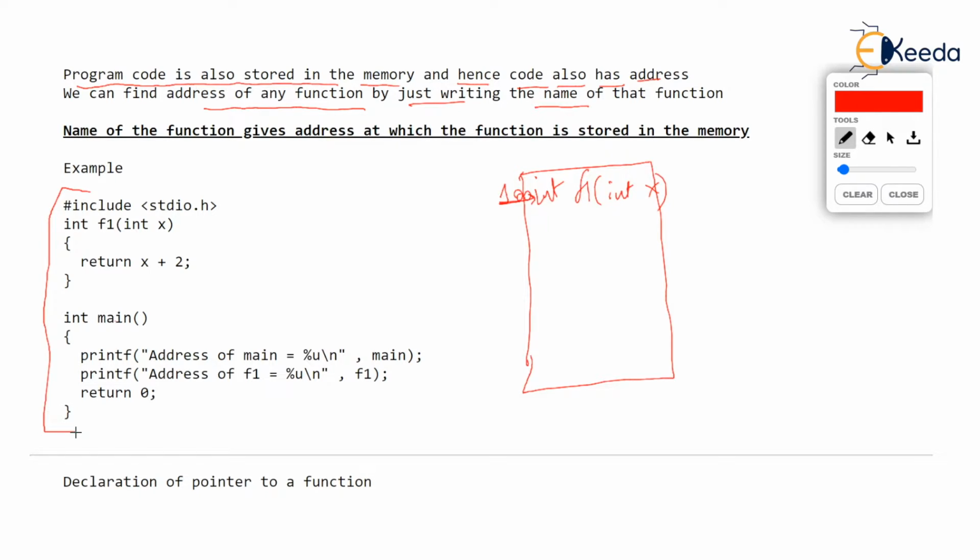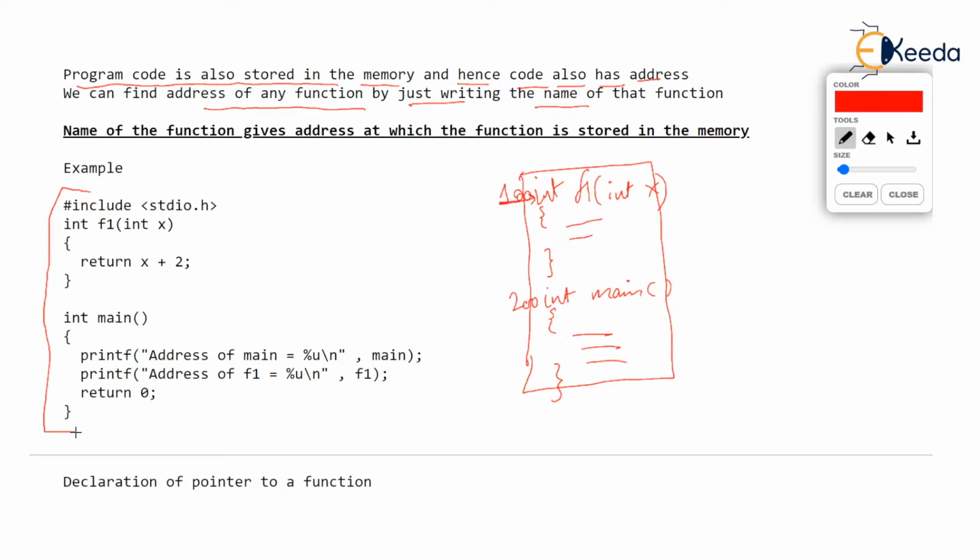And also int main, which is also a function, will have some base address, maybe 200, from where the function starts. So the code is there in the main memory, and code always has an address, and you can find out where your code is located.